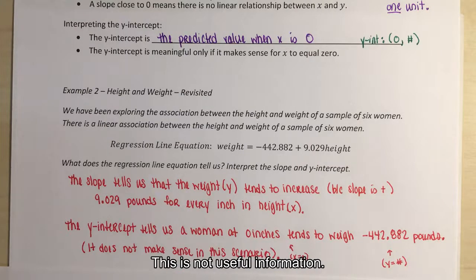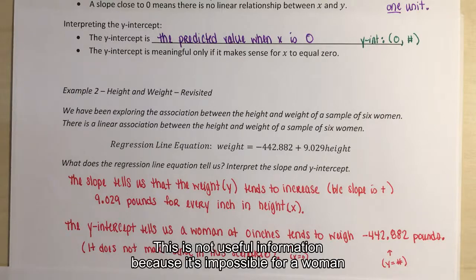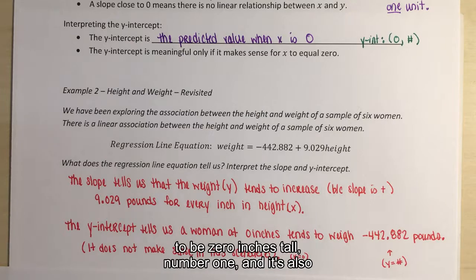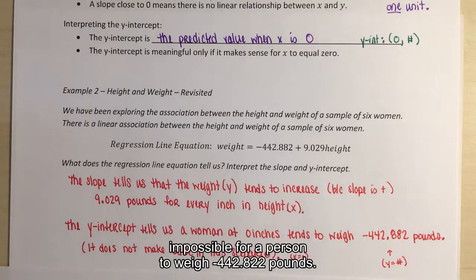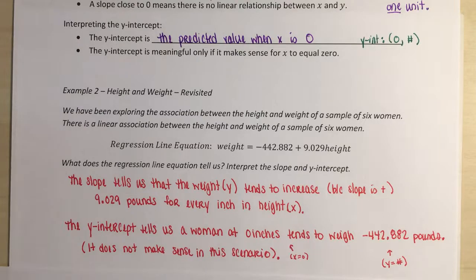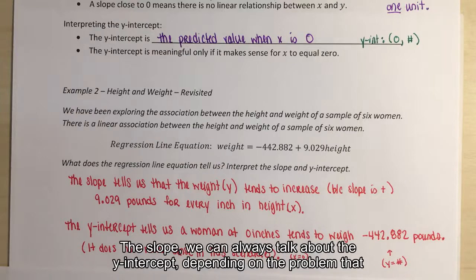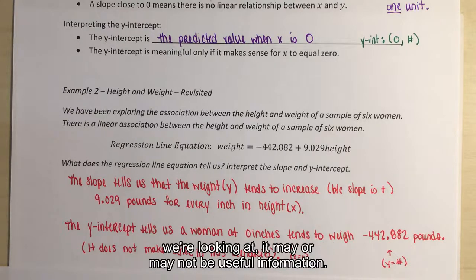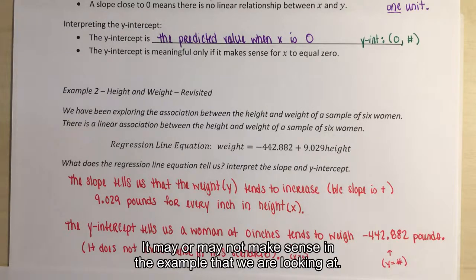This is not useful information, because it's impossible for a woman to be 0 inches tall, number one, and it's also impossible for a person to weigh negative 442.882 pounds. So the slope we can always talk about. The y-intercept, depending on the problem that we're looking at, may or may not be useful information. It may or may not make sense in the example that we are looking at.